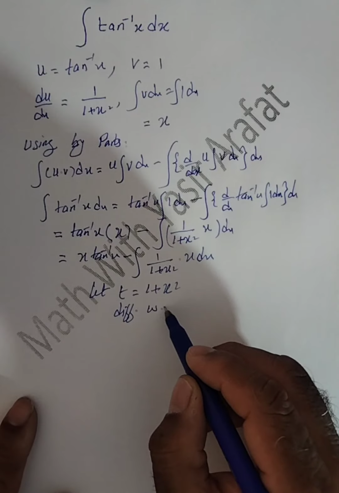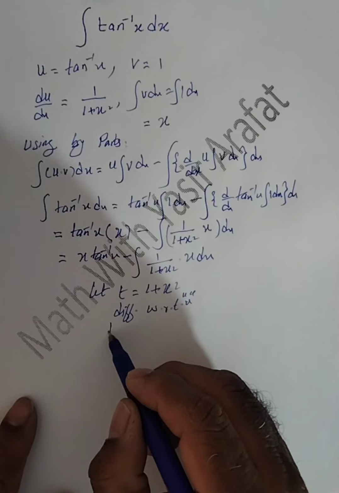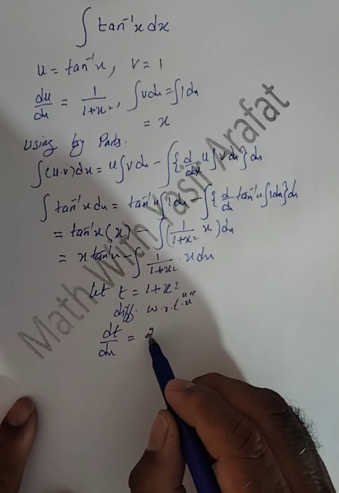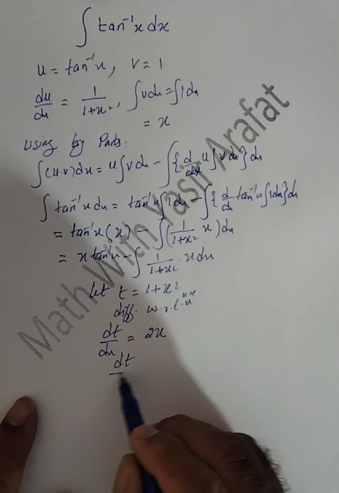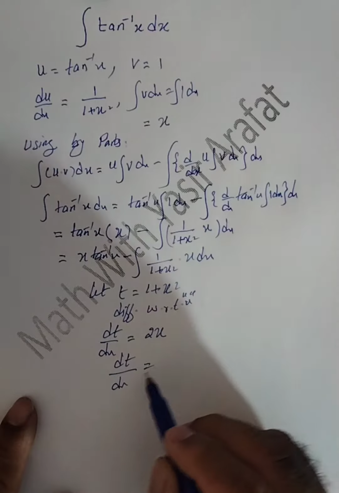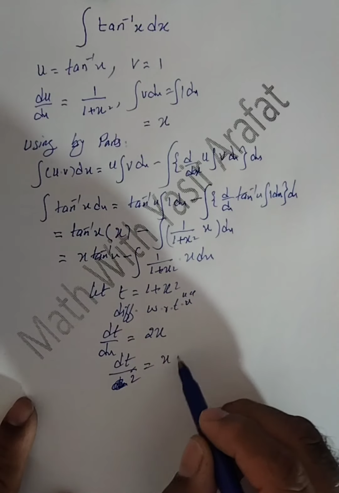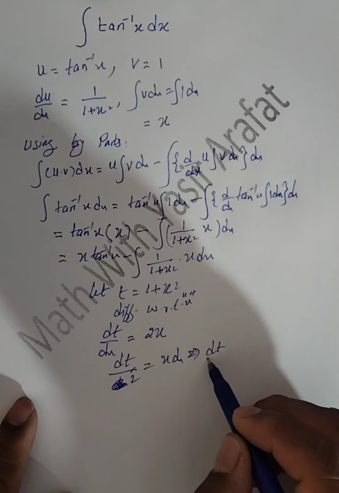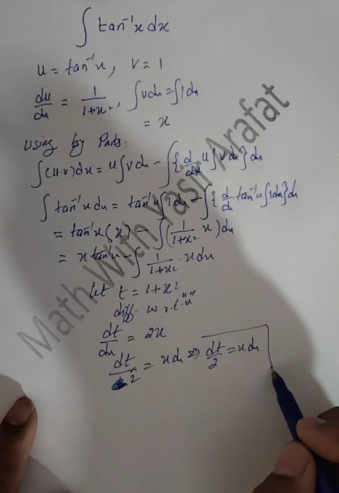So dt over dx equals 2x. Constants can be transferred, so dt over 2 equals x dx.